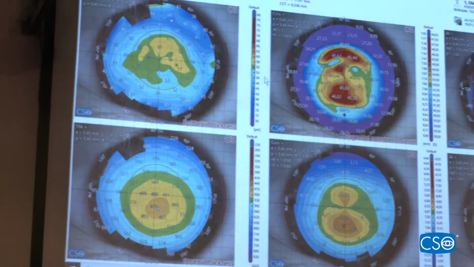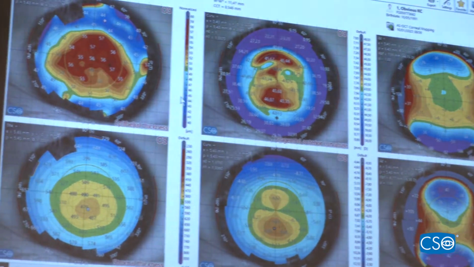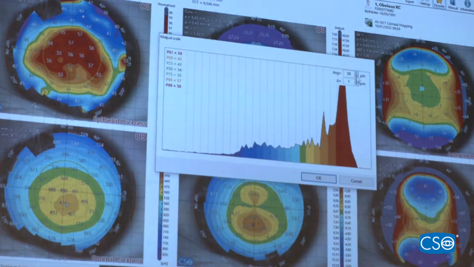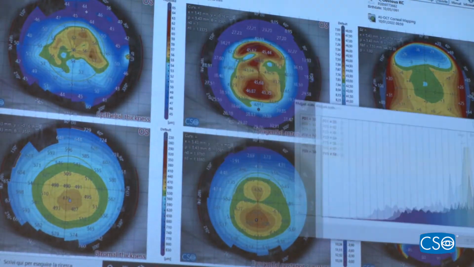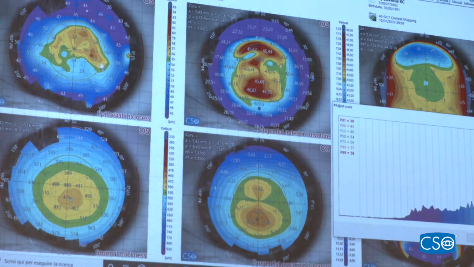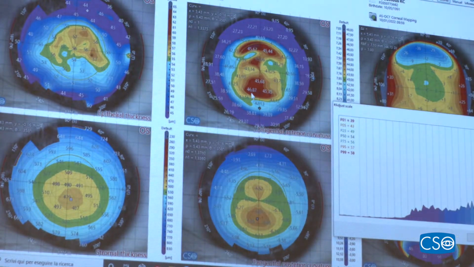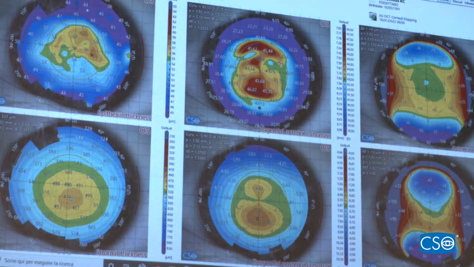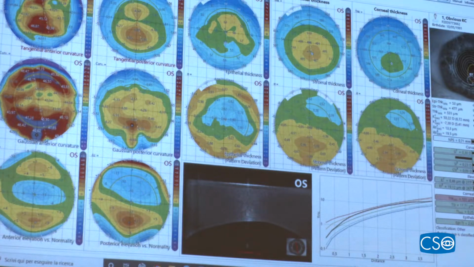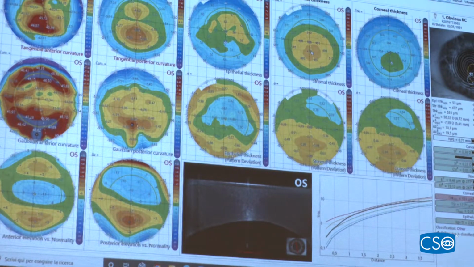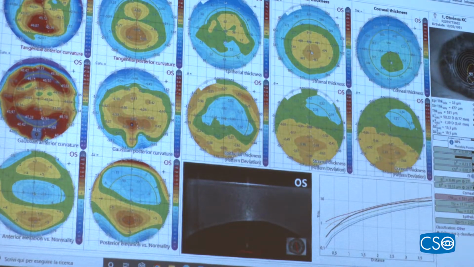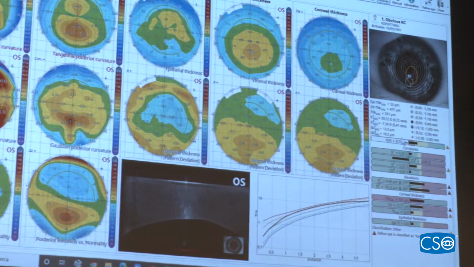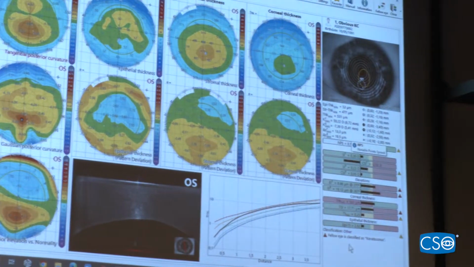This one doesn't look so abnormal, but when we normalize the scale and adjust it, do we see more? Maybe this inferior steepening is coincident here and there. So we now go to the keratoconus screening panel. An extraordinary amount of expert work has gone into this panel. On the right-hand side, you have parameters that were derived by a lot of you in the audience here.